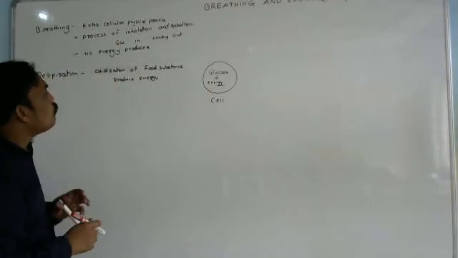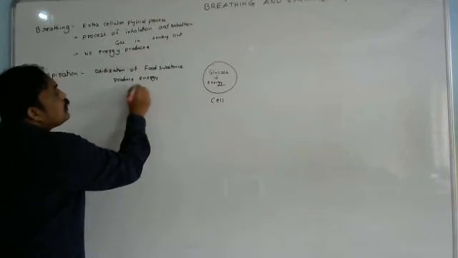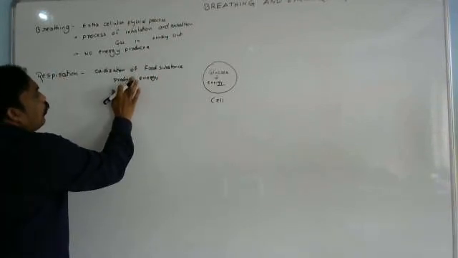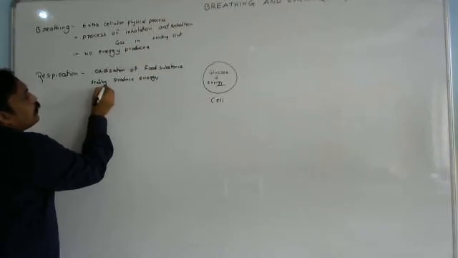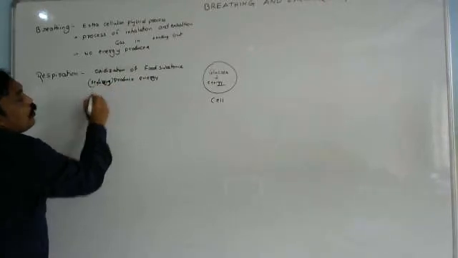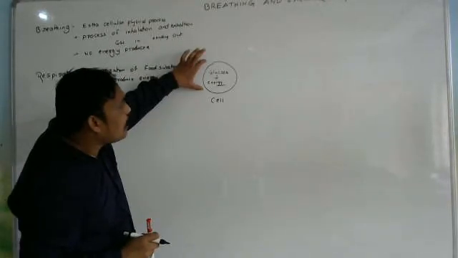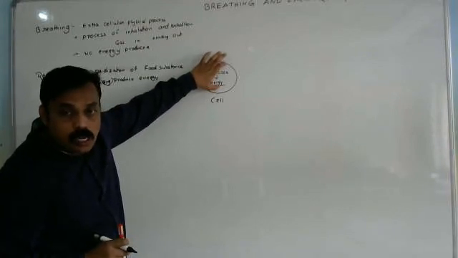Breaking down of glucose means oxidation of food substances, releasing energy. This energy is produced inside the cell, which means it is intracellular.